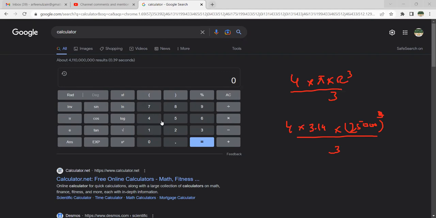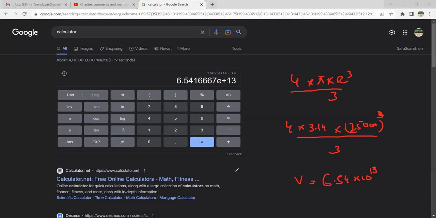So the volume is 25,000 raised to power 3 times 3.14 times 4, then that is divided by 3. So this was 6.54 into 10 to the power 13, that was the volume.